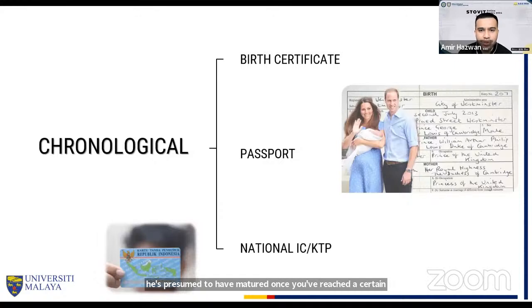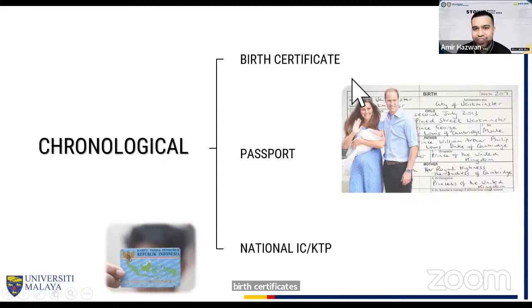Okay, how do you prove chronological age? Mentioned briefly: birth certificates. This is the OG of documents to prove your age. In our birth certificates, between countries, obviously you have your name.